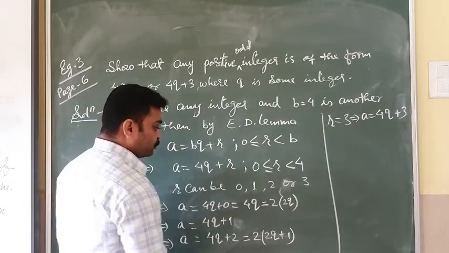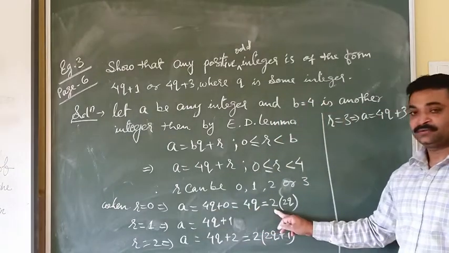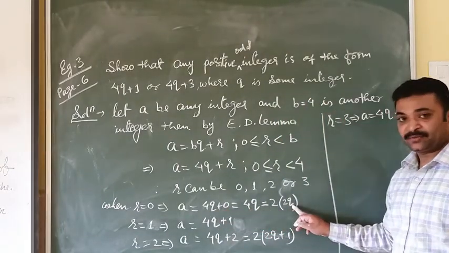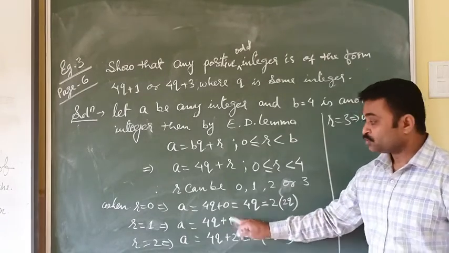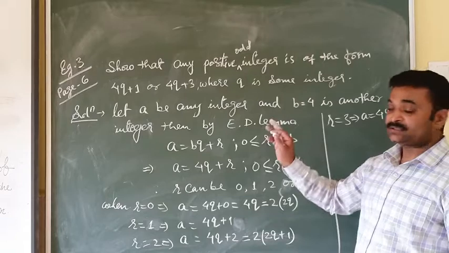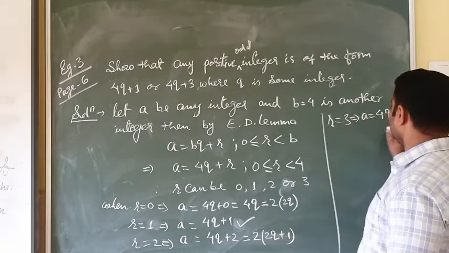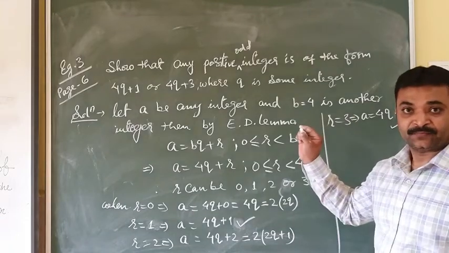Clear? So we can observe here, this is an even natural number, and this is an odd natural number. So we can say odd positive integers can be of the form 4q plus 1 and 4q plus 3. This is our question.